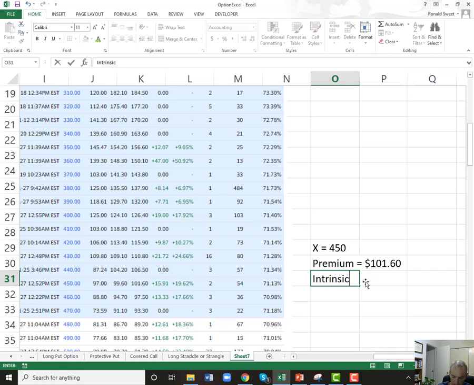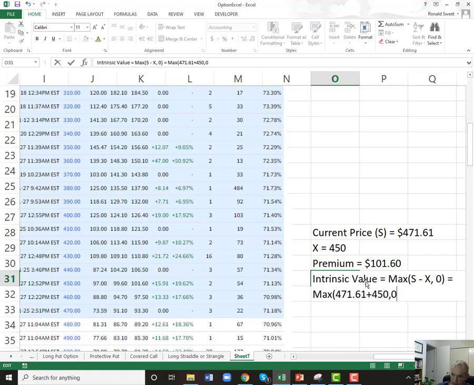So the intrinsic value, again, is going to equal the max of the stock price minus the strike and 0. So in this case, it's going to equal the max of, well, the current stock price, the S, is 471.61. So the intrinsic value is going to be the max of 471.61 minus 450, comma 0.